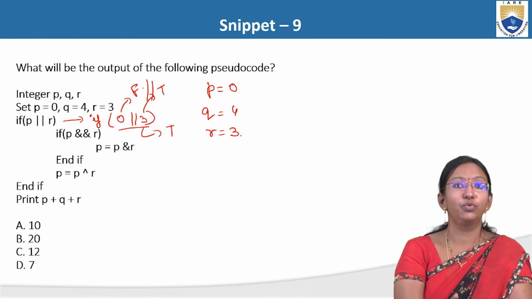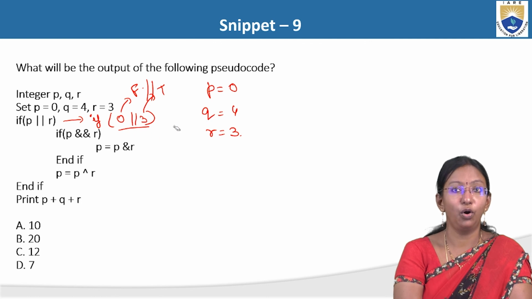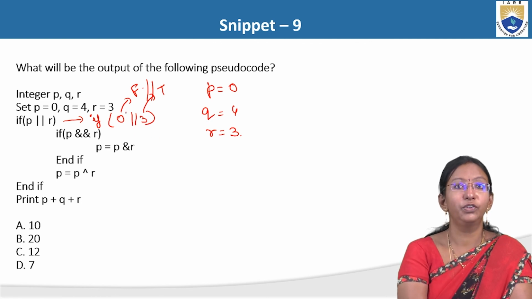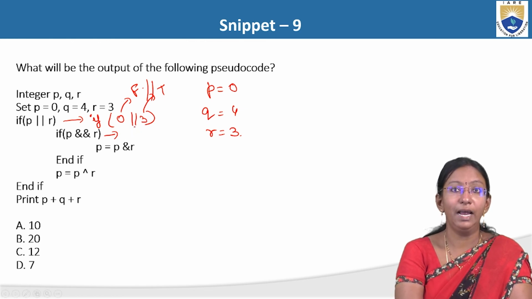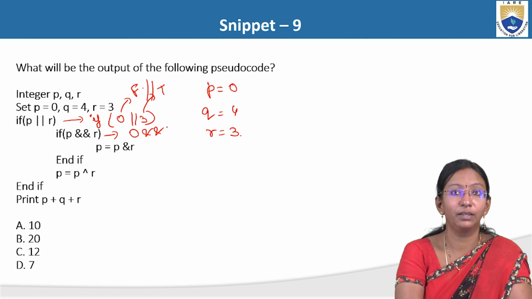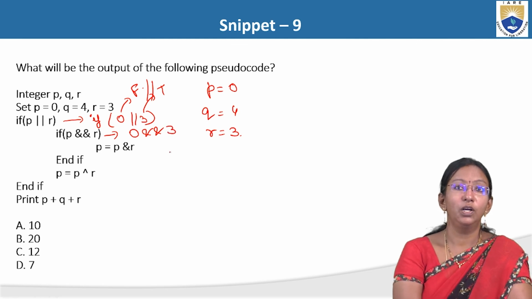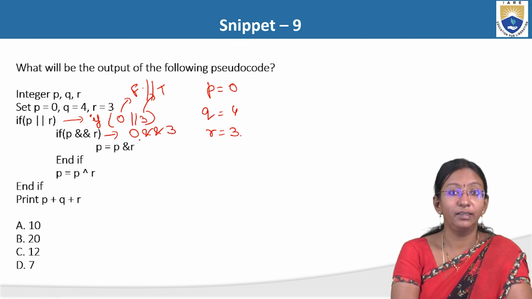So as it is true, it will go inside the body of if, which is another if condition, which says p and logical AND of r. So the p value is 0, logical AND of r, which is 3. A logical AND says that all the conditions must be true.